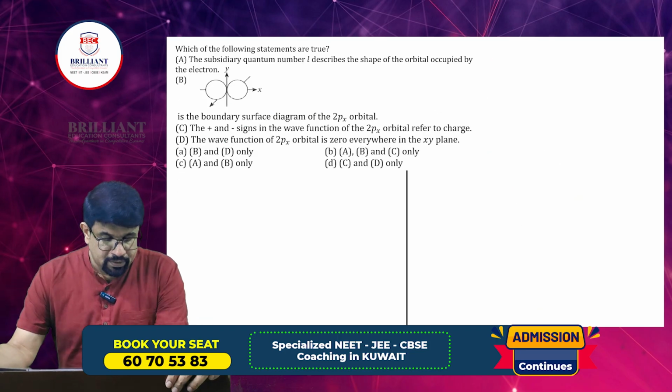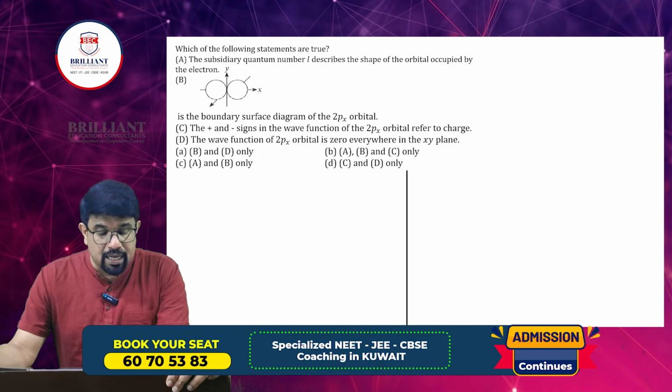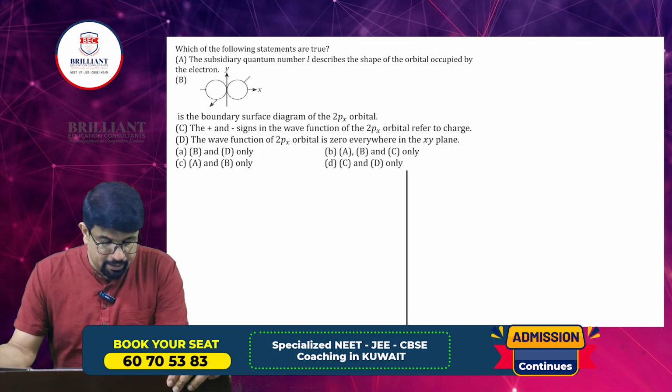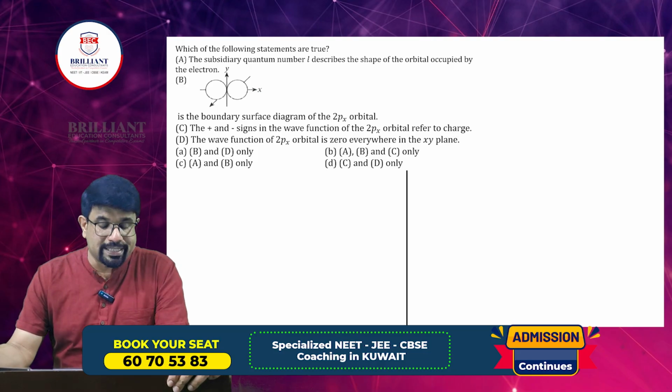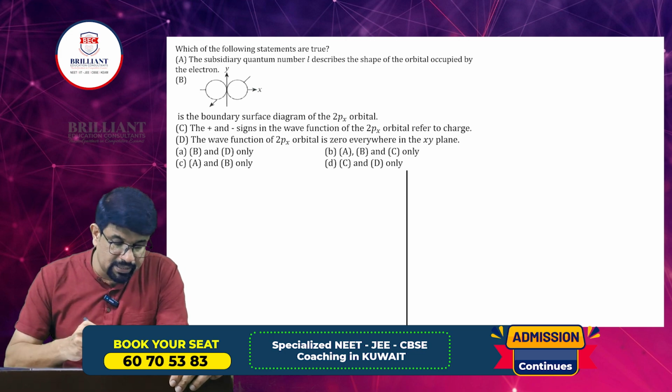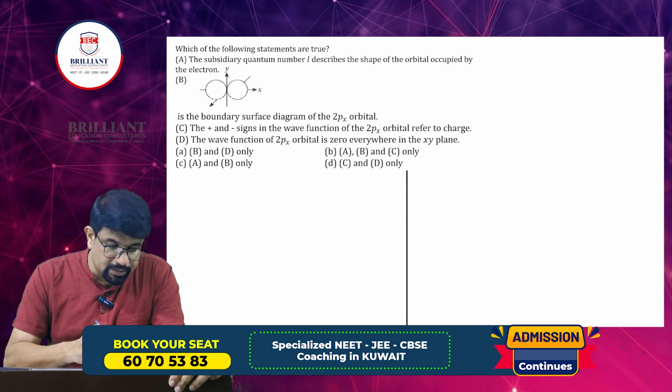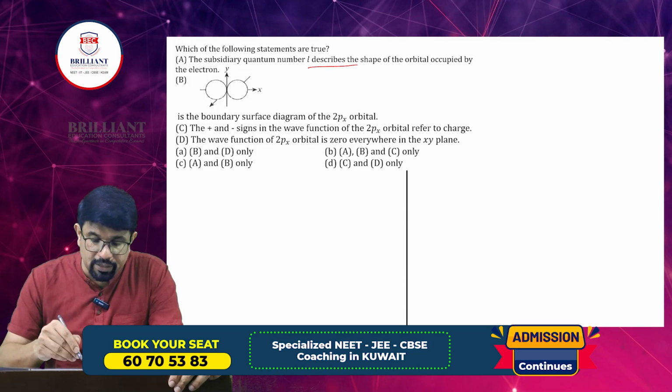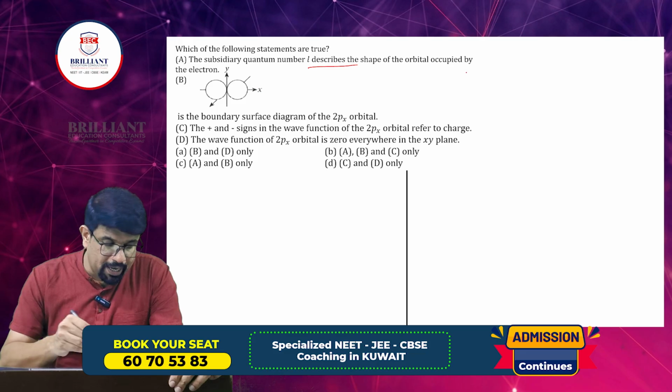Next question. Which of the following statements are true? Here they have given 4 statements. First one is the subsidiary quantum number L describes the shape of the orbital occupied by the electron. And B, they have given a double dumbbell shape along the x axis, the boundary surface diagram of the 2px orbital, right?